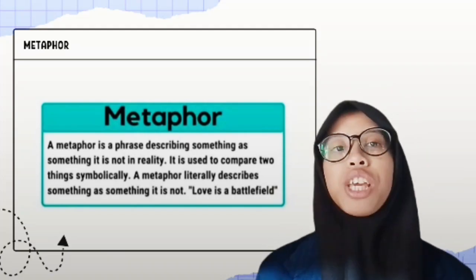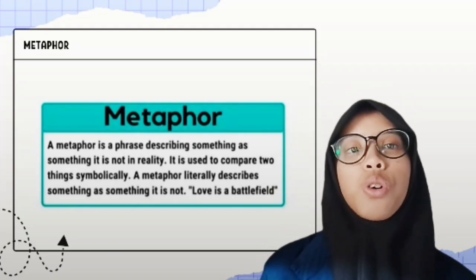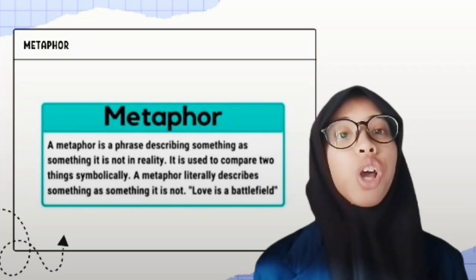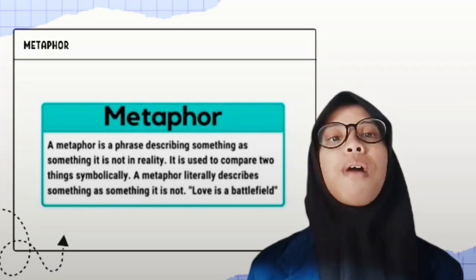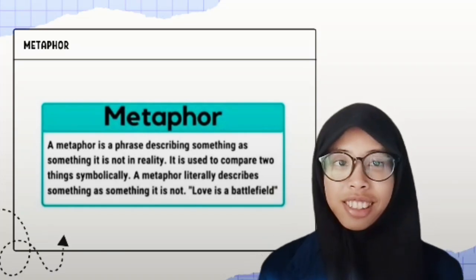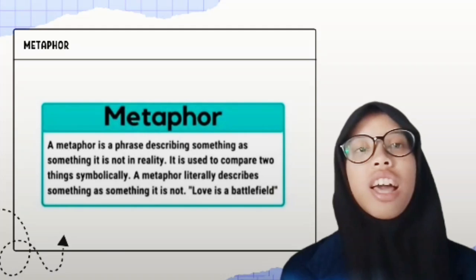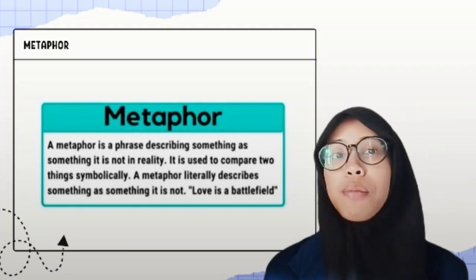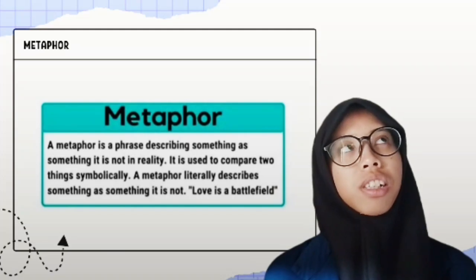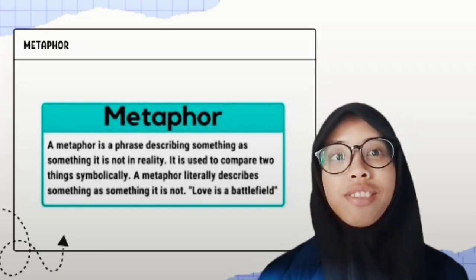In a simile we use as or like to compare two different things, but in a metaphor we directly compare them in one sentence. We don't have to use like or as. For example, love is a battlefield or love is war. Another example, life is an illusion.